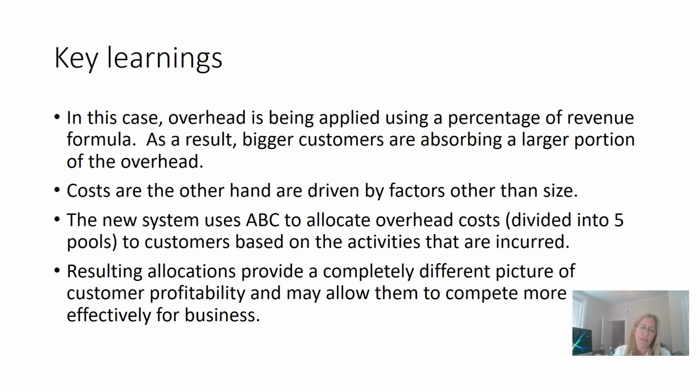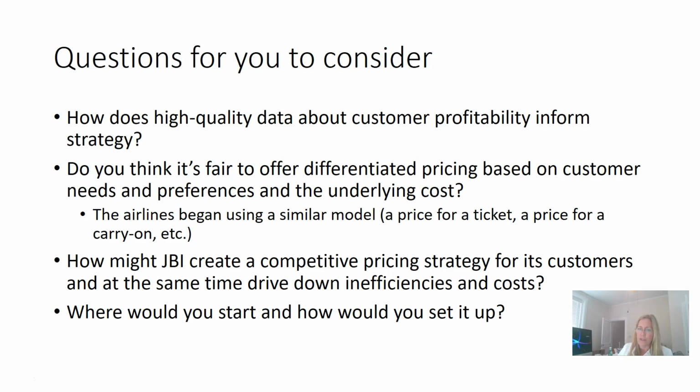And the results, when you get done with that and you look at the big picture, you're going to see it's a completely different allocation than what you had before, and the information you glean from that is much different than what you had before. And so that higher quality data will help inform your strategy in how you deal with your customers, right? And maybe the discounts that you offer them.